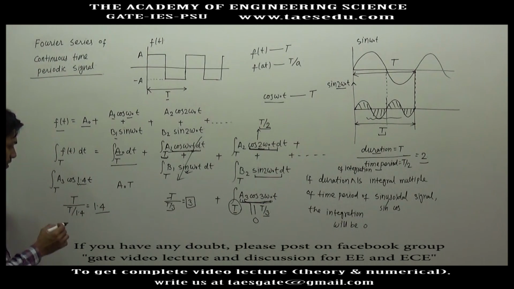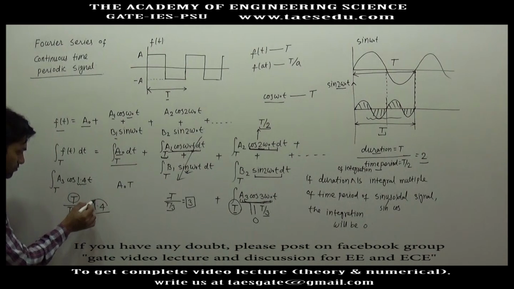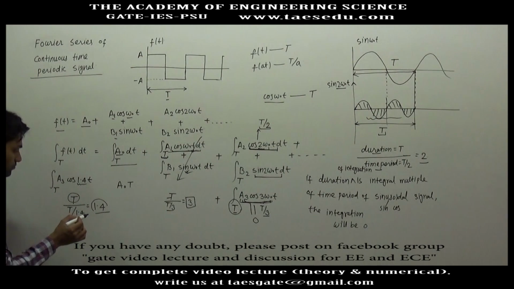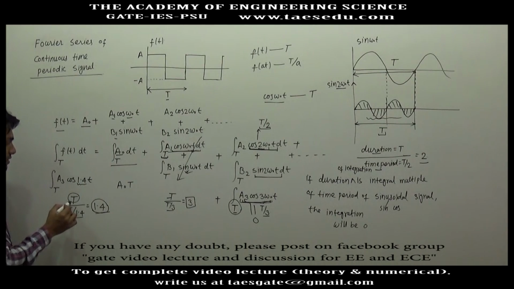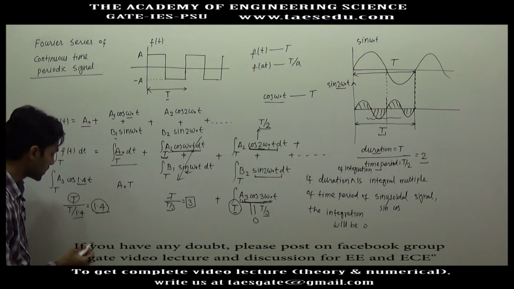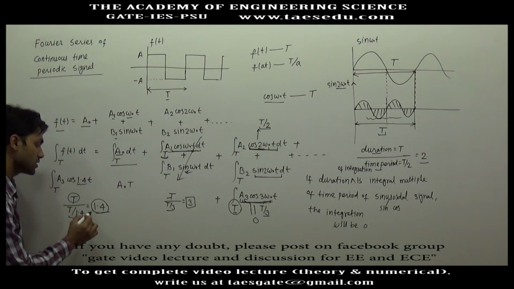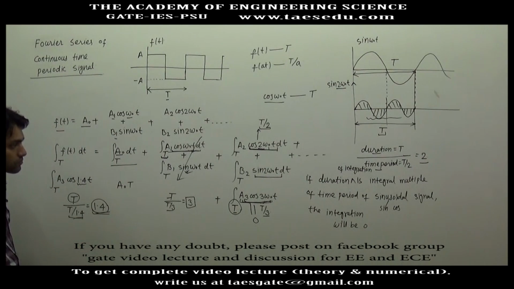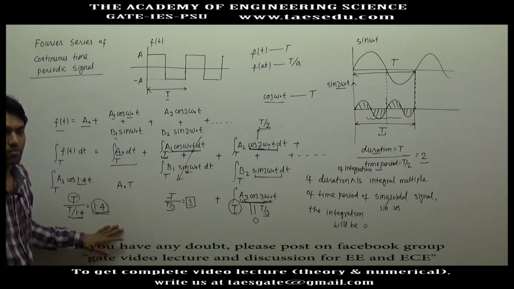It means the duration is 1.4 times the time period, and this 1.4 is not an integral multiple. So in this case the duration is not an integral multiple of the time period, and the integration may not be 0.